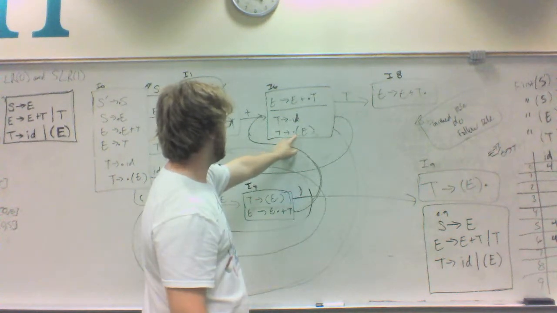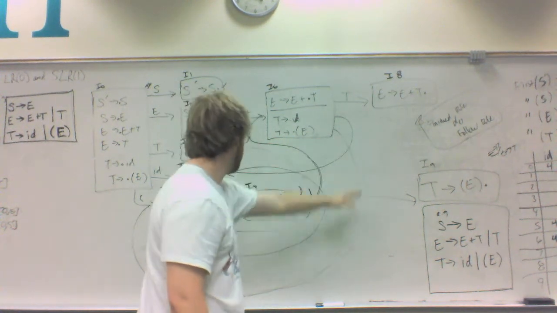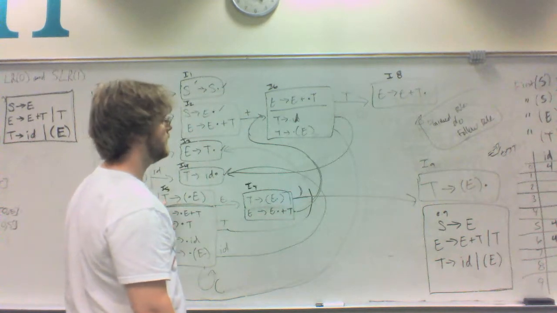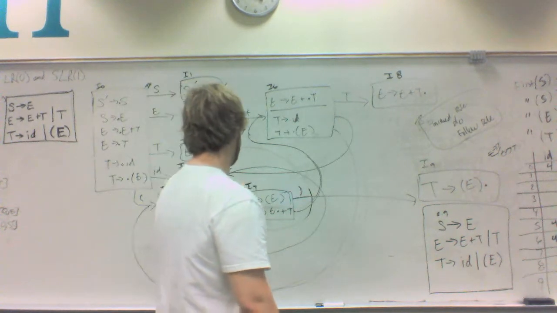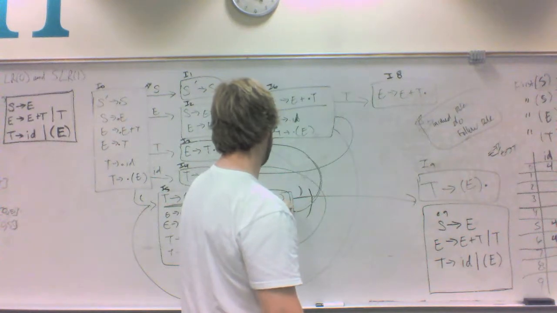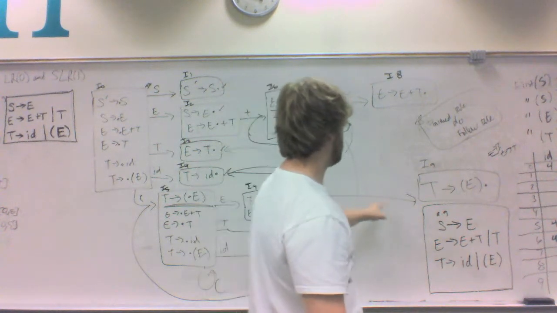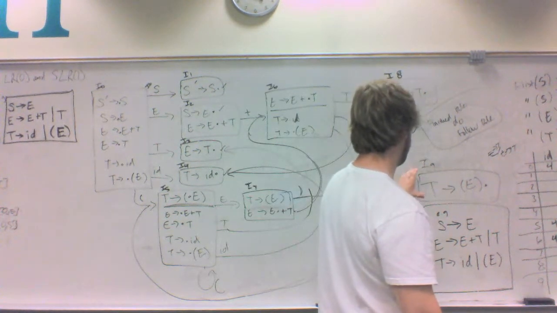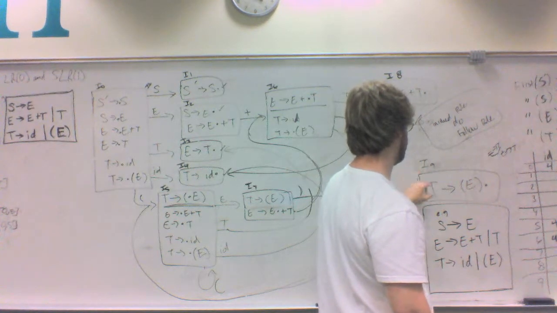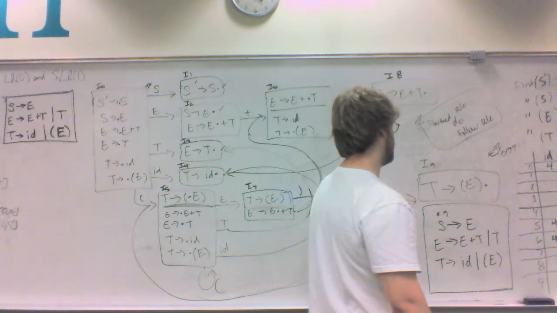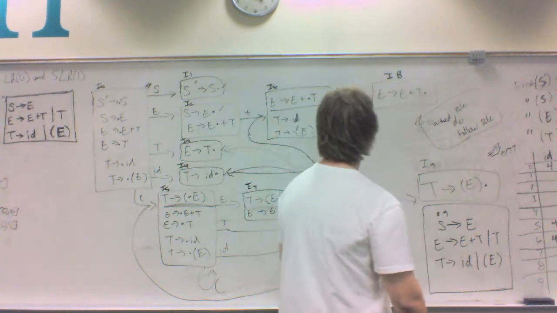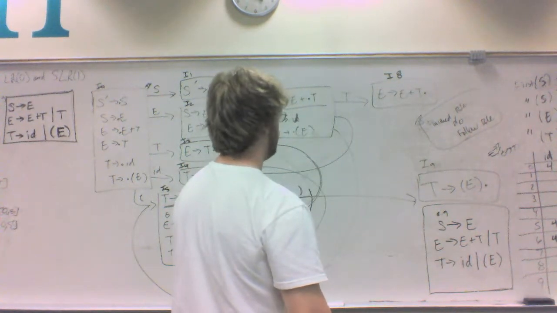We can also see an open parenthesis, and this will come all the way back to node I5. Now, from node I7, we can see a close parenthesis, and this will create node I9 for rule T goes to open parenthesis E close parenthesis dot. And that is the final rule.